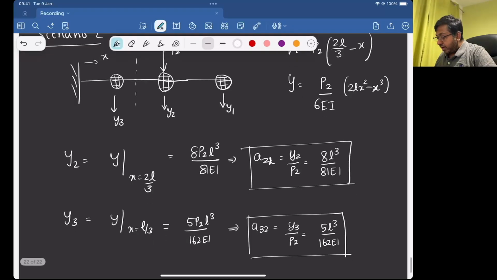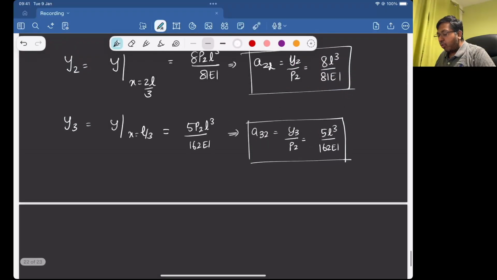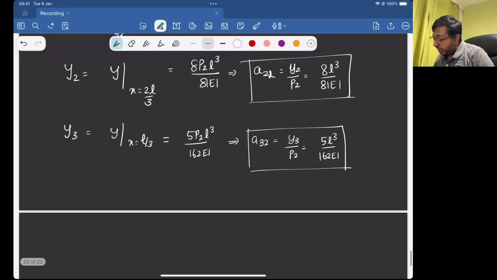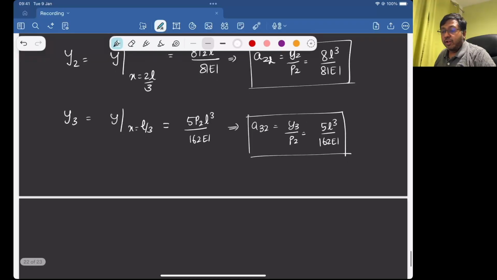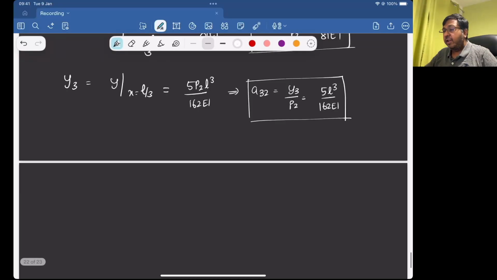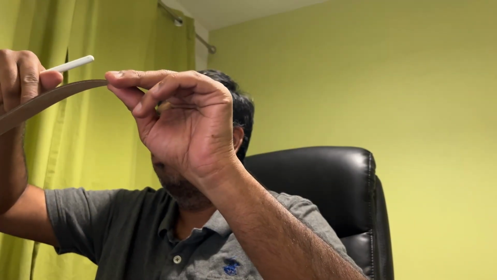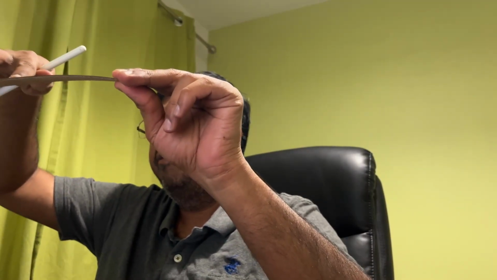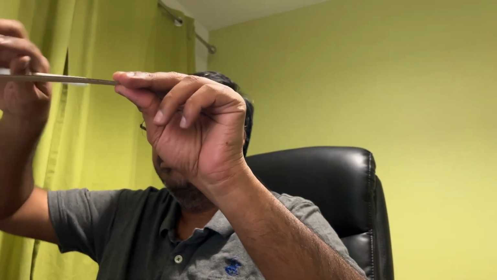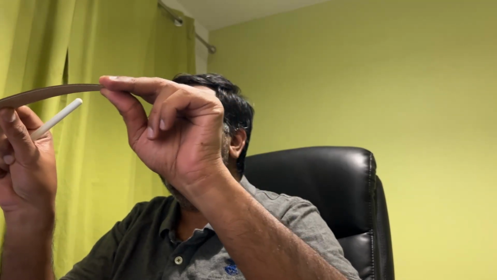But I still want to calculate what would happen at the point y1, because I also need A12. Going back to what we did, we said we have fixed this end, we apply a load at 2L/3, and the rest of the beam is moving in a rigid body manner. Whatever the slope of the beam was at this particular point, that same slope continues here.